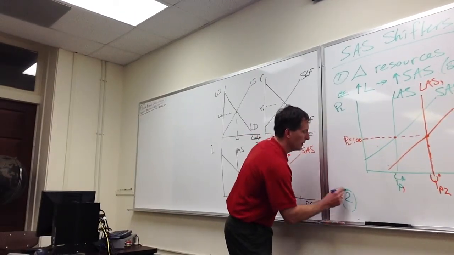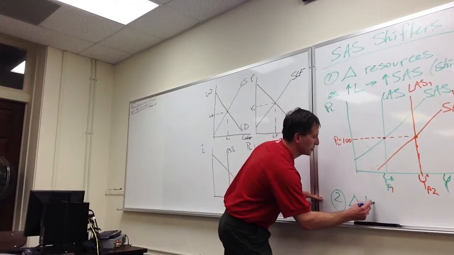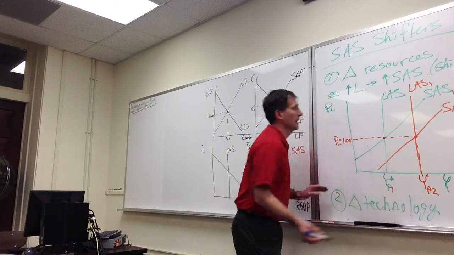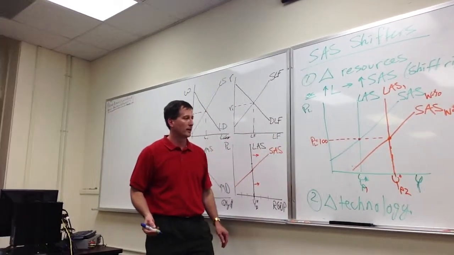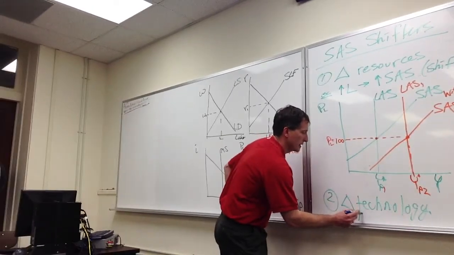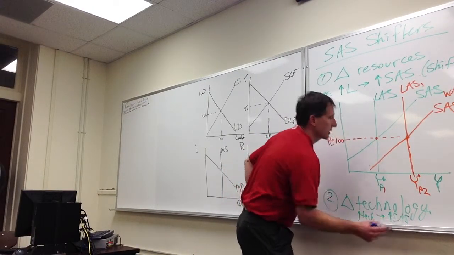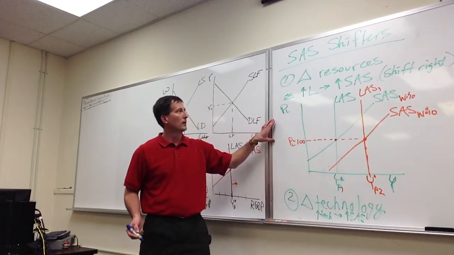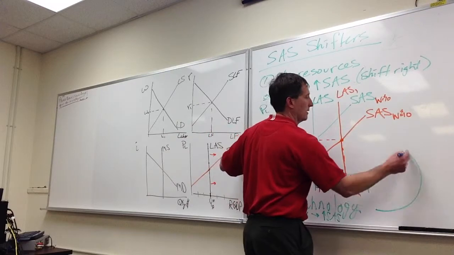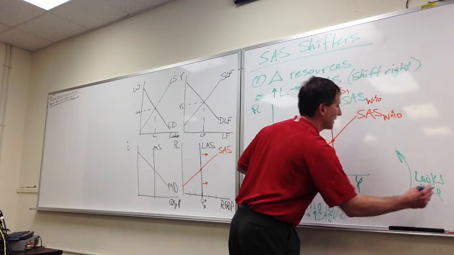Number 2 on our supply shifter list is a change in technology. Once again, same type of idea is going to go on here. An increase in technology leads to a shift to the right of the short run aggregate supply curve. And it's going to look like that.